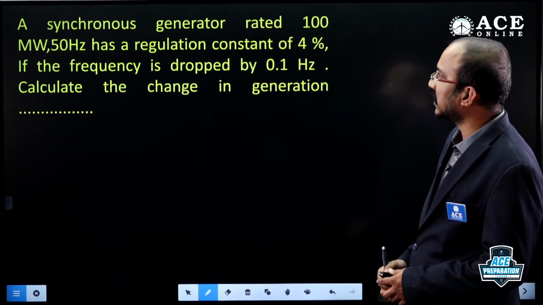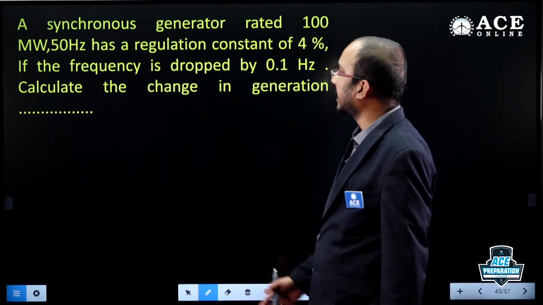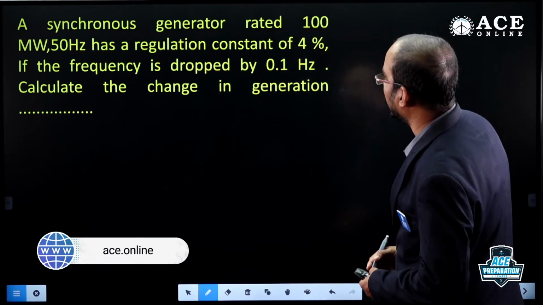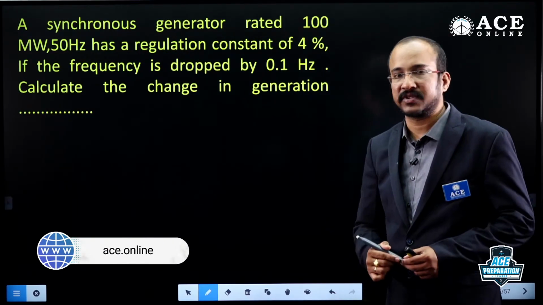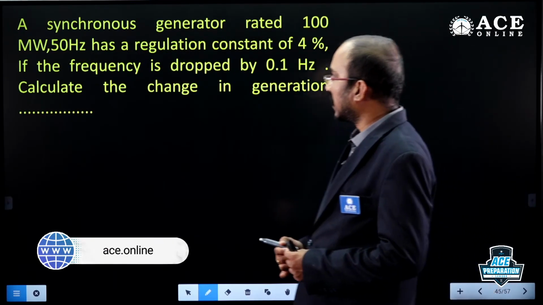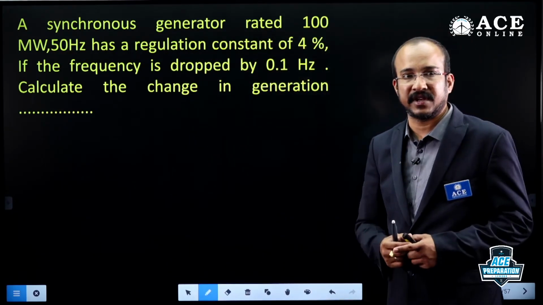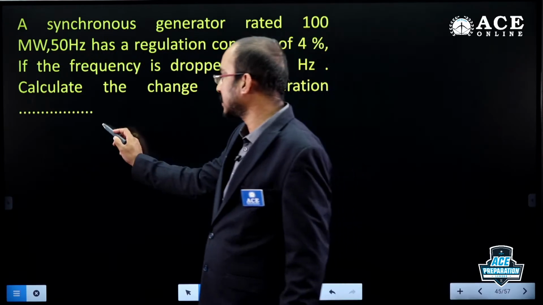Now let us observe the next question. A synchronous generator rated 100 megawatt, 50 hertz, has a regulation constant of 4%. If the frequency drops by 0.1 hertz, calculate the change in generation. How do you calculate it?